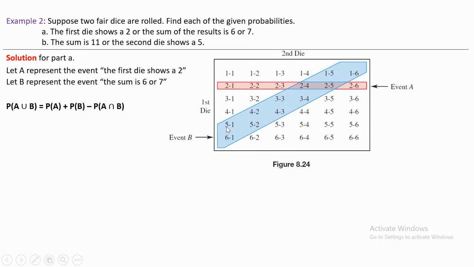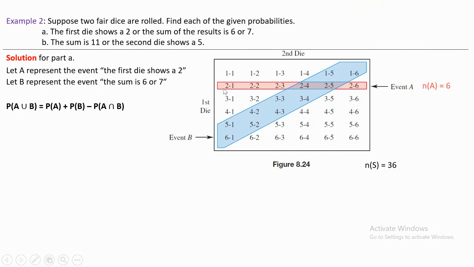So if you come here across, this is the sum of 6: 5 and 1, 4 and 2, 3 and 3, 2 and 4, and 1 and 5. And 7 will be 6 and 1, 5 and 2, 4 and 3, 3 and 4, 2 and 5, and 1 and 6. So all these have the sum of 6 or 7. So let's count them. 1, 2, 3, 4, 5, 6, 7, 8, 9, 10, 11. And the sample space is 36 because 6 times 6 is 36.